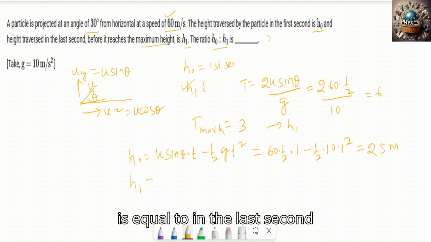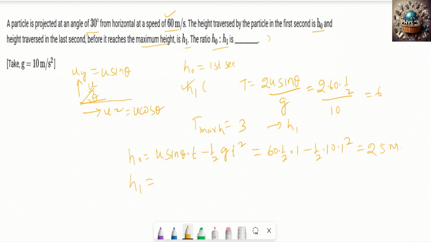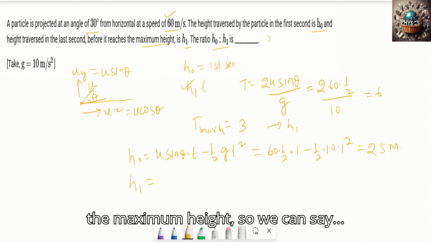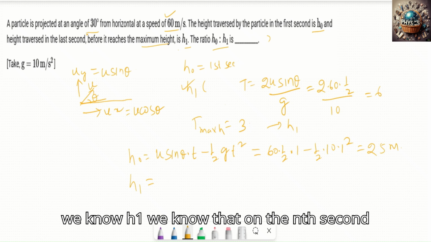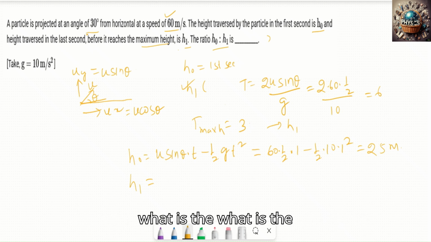And h1 is the distance in the last second just before it reaches the maximum height. We know that on the nth second the displacement is equal to uy plus a by 2 into 2n minus 1, correct?